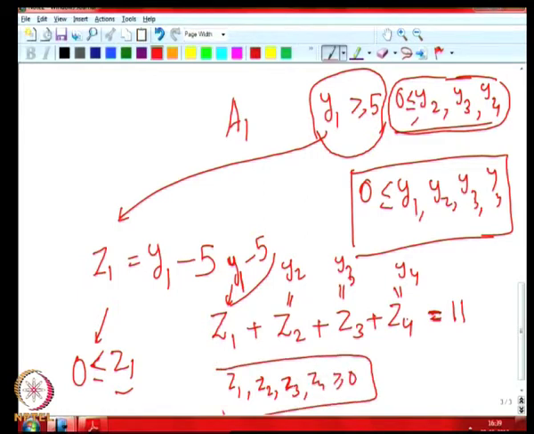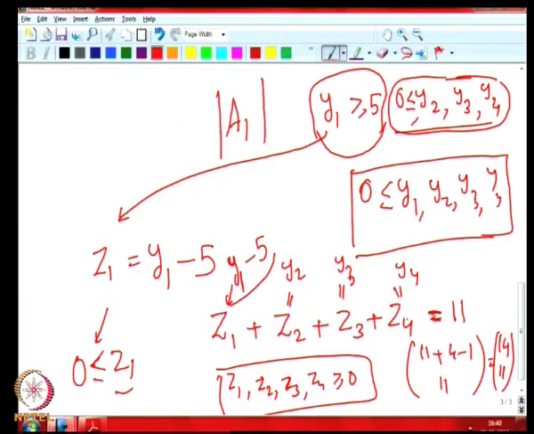Now we know the solution for this. We can use the formula r plus k minus 1 choose r, with r being 11 and k being 4. That means 11 plus 3, 14 choose 11, that is the solution. So the cardinality of A1 is 14 choose 11.